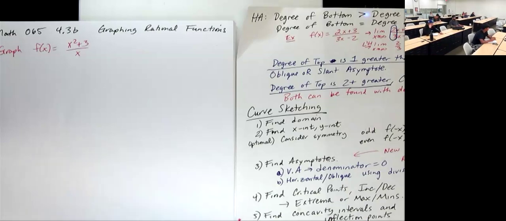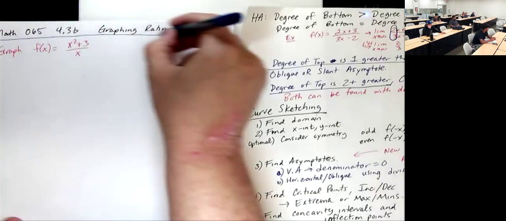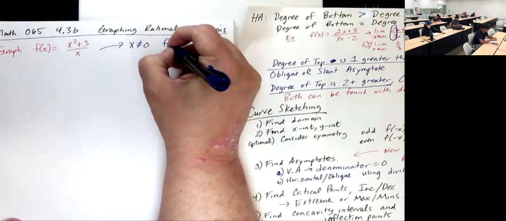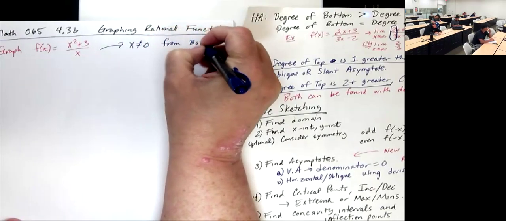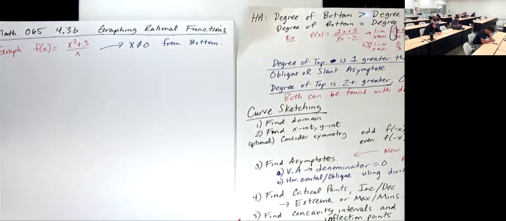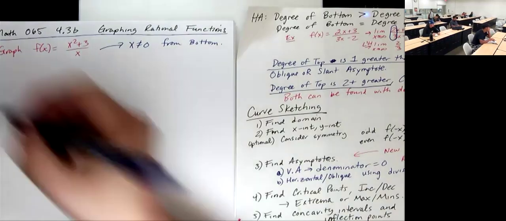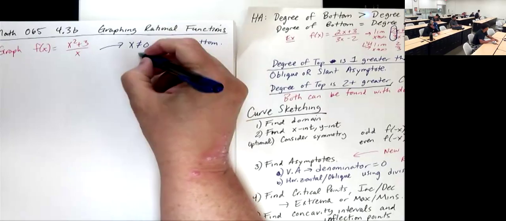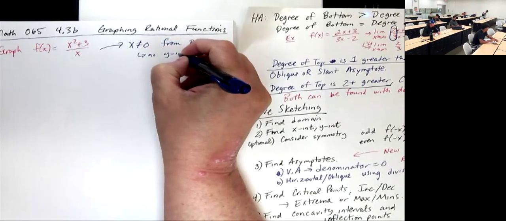It looks like the only violation to the domain we have is x cannot equal 0 from the denominator. So we're good everywhere else. This means x cannot equal 0, which means no y-intercept. Right?